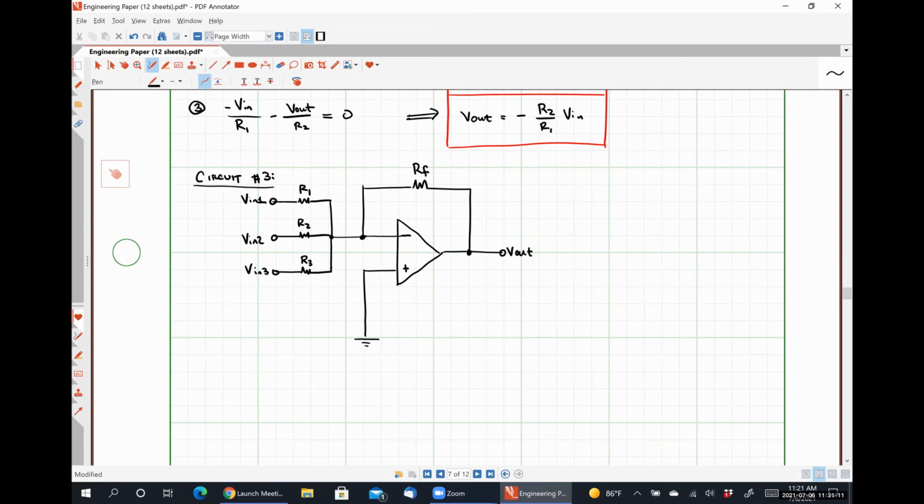So I'm going to tell you guys what this one is to begin with. This is what's called a weighted inverting summer or adder. All right.